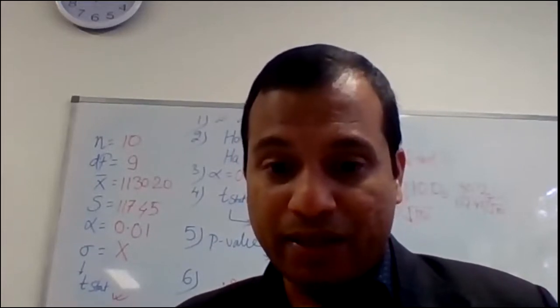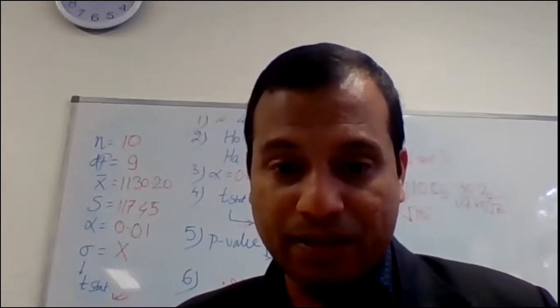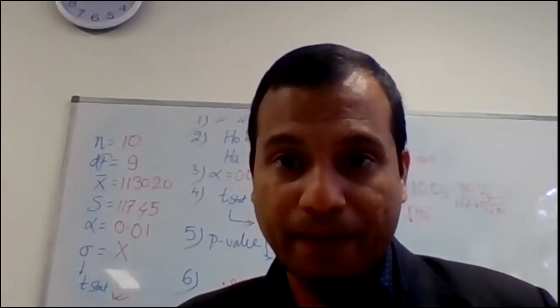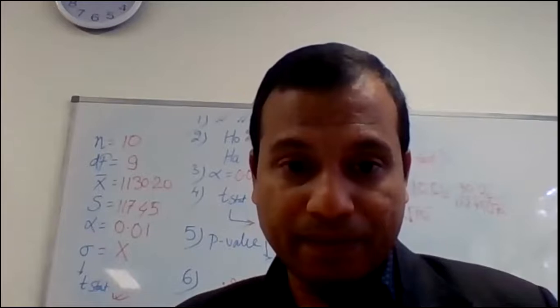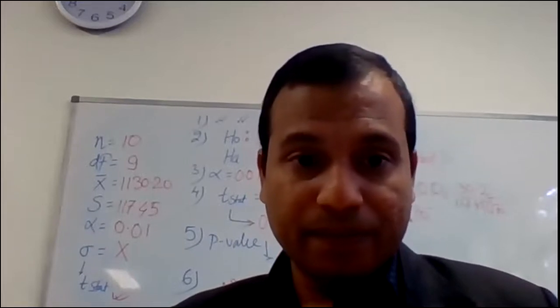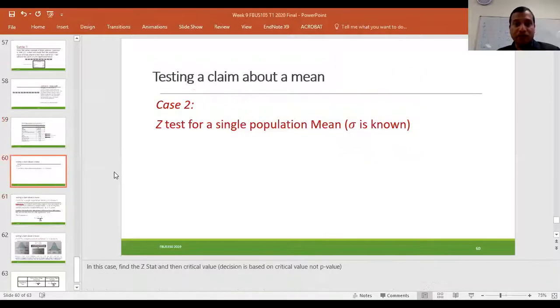What is remaining here in this hypothesis testing? Let's go through once again. The next time we start, we'll start with case 2, that is the Z test for the single population mean. So still we are on the single population, dealing with one sample or one population.